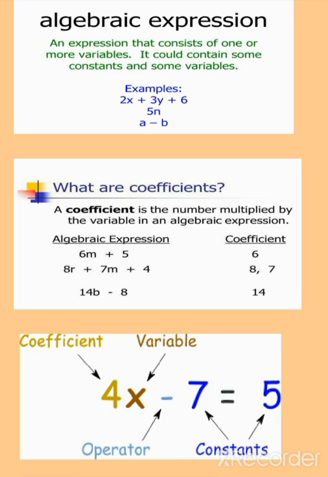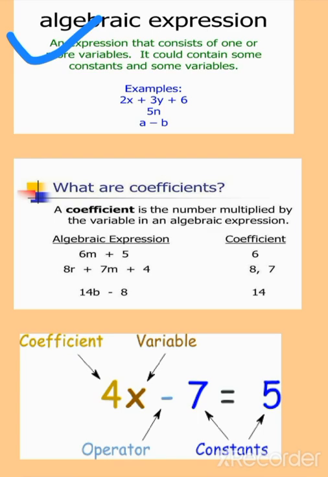Yes, so next term is algebraic expression that we have to deal with in this chapter, algebra. So, an algebraic expression is an expression that consists of one or more variables. That means if in a given expression we have one or more variables, meaning whose value differs, then that expression will be an algebraic expression.